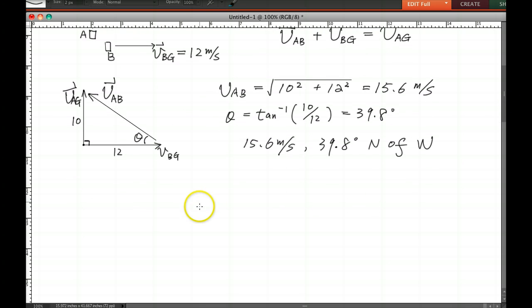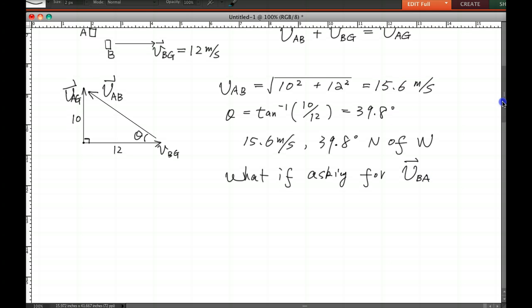Okay, what if the question is asking for the velocity of B, the car B, relative to A, right?